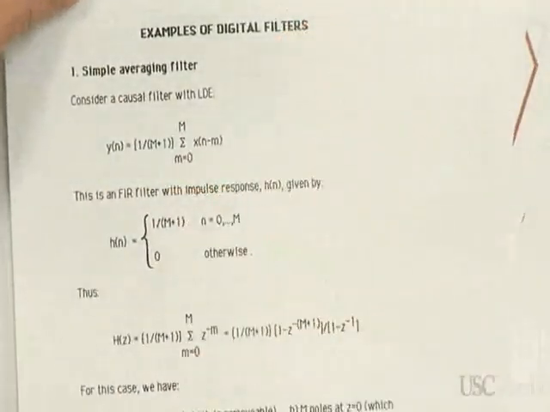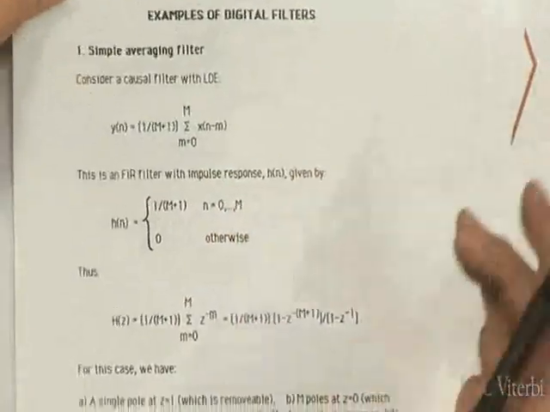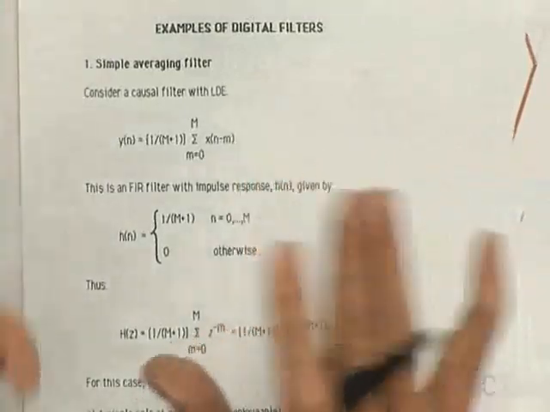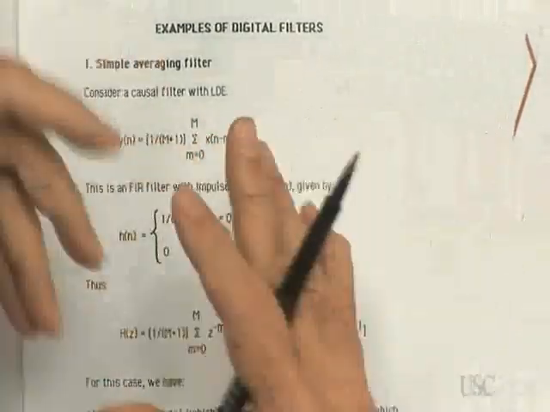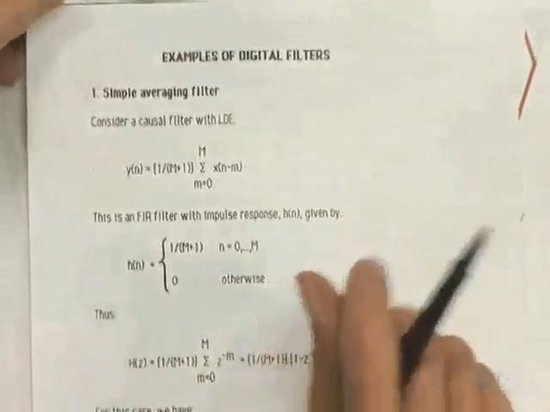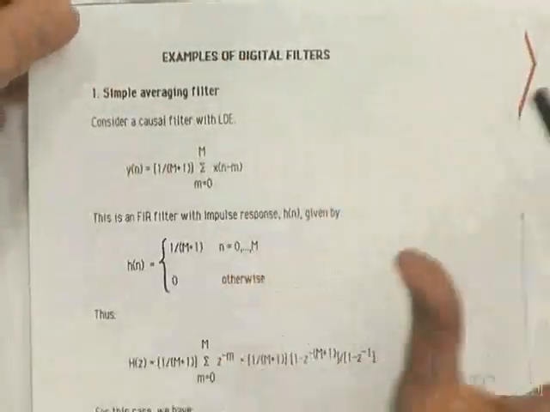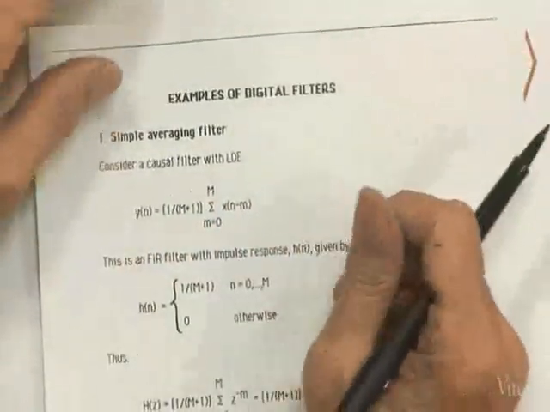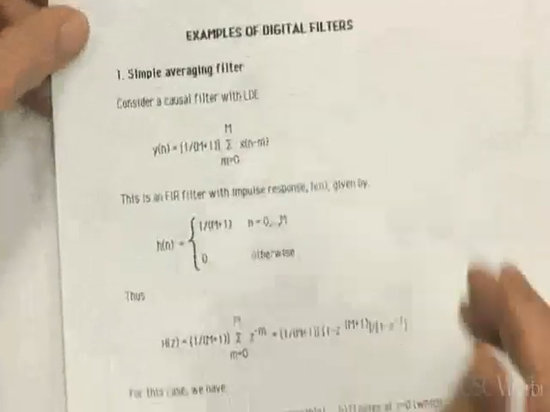So we have enough background that we can actually look at some examples of digital filters. Some are simple, some are filters you've seen every day. One is a filter that you will see when you do the project. So go through my examples. It'll help you for the project.